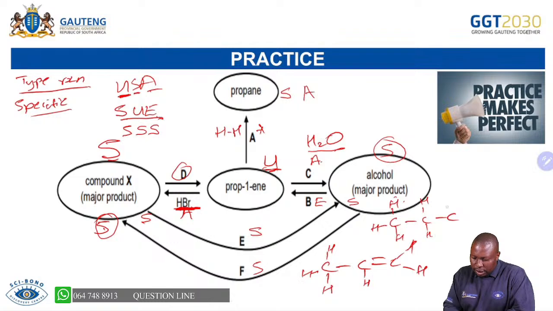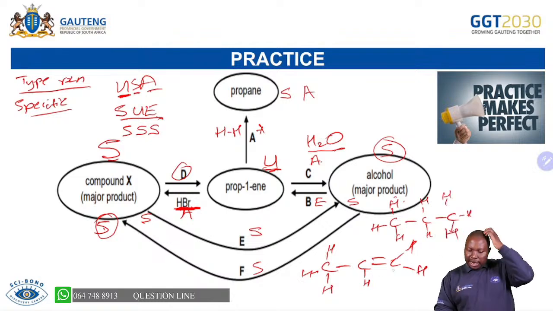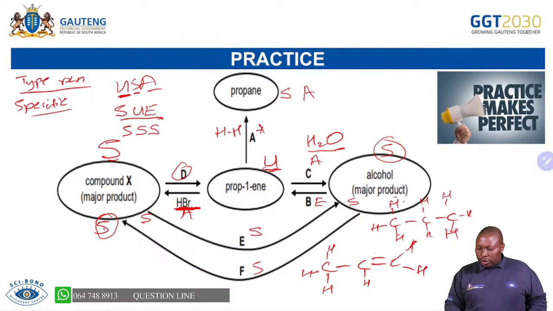So what is the difference? You just draw the structure and check the difference. You will find that this has 3 carbons and 6 hydrogens, but this one has 3 carbons and 8 hydrogens. So you can see the difference is 2 hydrogens.